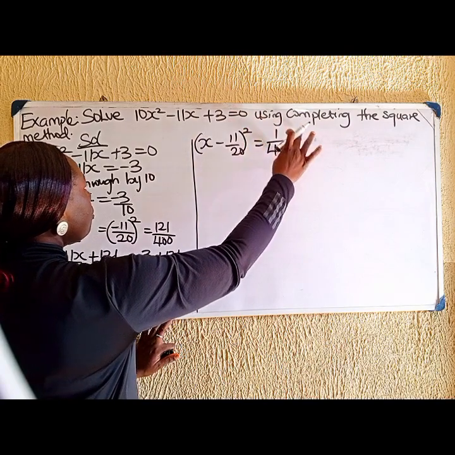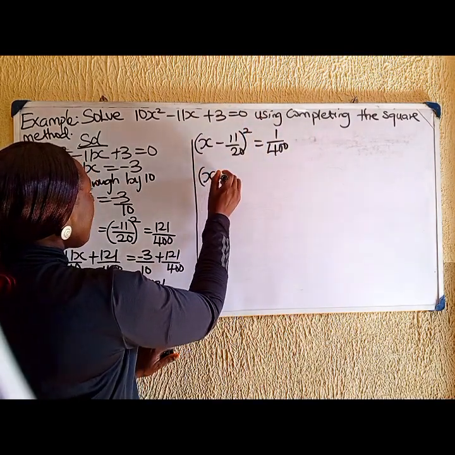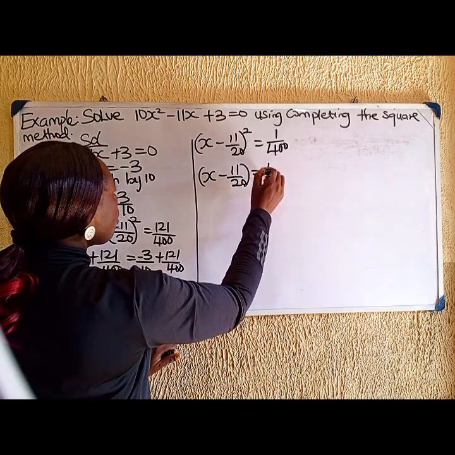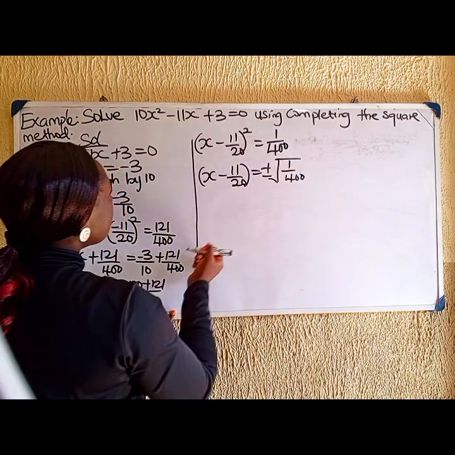Now, here I will take the square root of both sides. When I take the square root of both sides, I will have x minus 11 over 20 equals plus or minus the square root of 1 over 400.